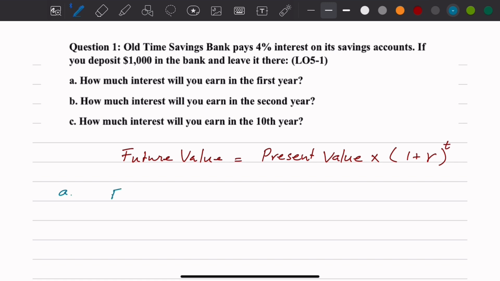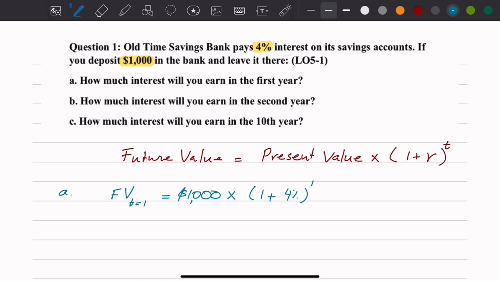we want to find the future value. We'll just call it FV for short, for time equals 1, which is going to be the present value given to us in the question to be $1,000 multiplied by 1 plus the interest rate or the rate of return, which is 4%, to the power of t equals 1.